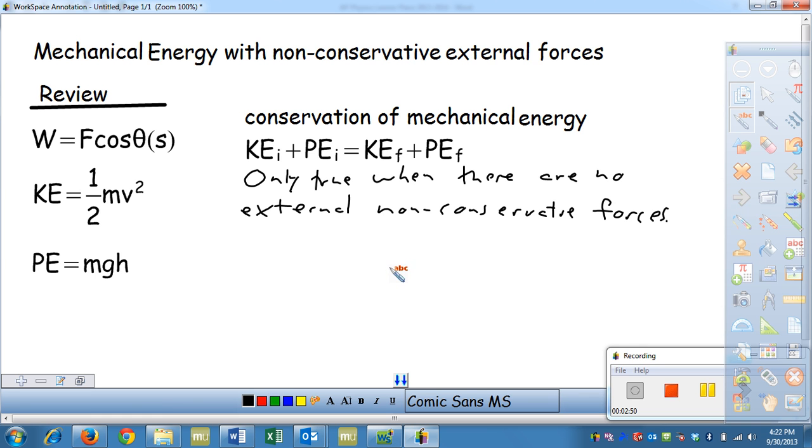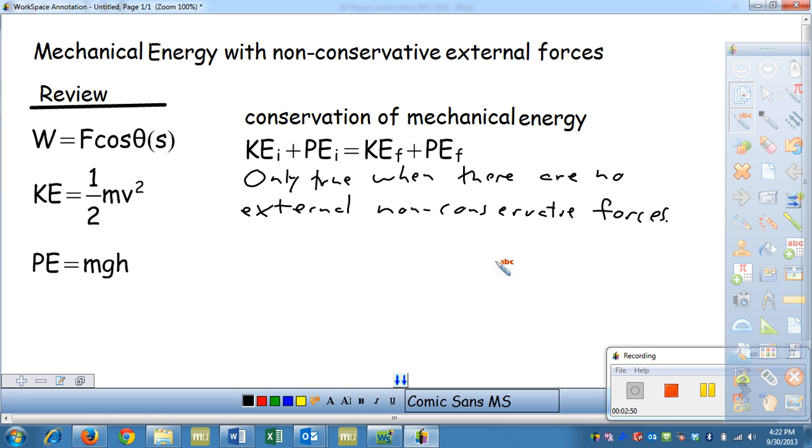But what happens when there are external non-conservative forces? For instance, maybe there's friction, or maybe there's the propulsion coming from a rocket engine, or a car's motor, or something like that. Then we can say that the work done.